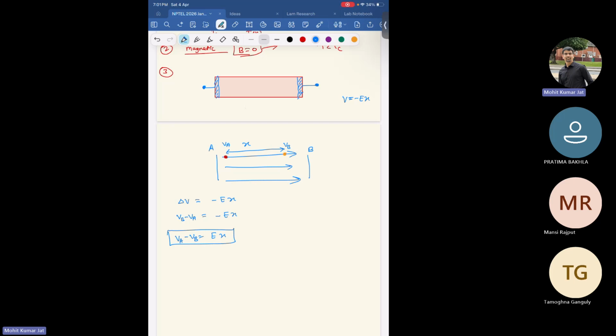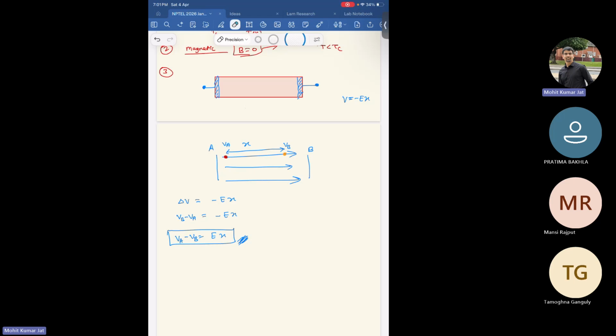This is the form. Do you guys agree with this one? Are you with me till this equation? Because from here I will derive the electric field value. Okay, fine, perfect.